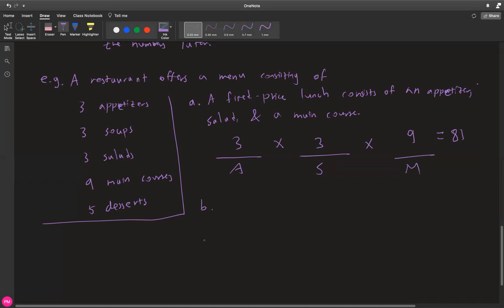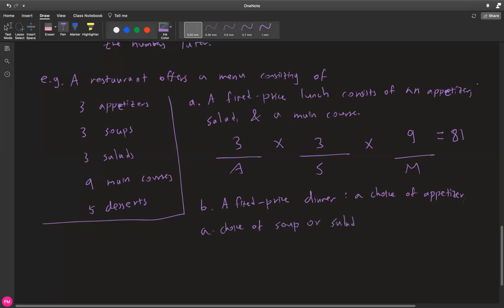What if, let's say, a fixed price dinner has a choice of appetizer, and a choice of soup or salad.